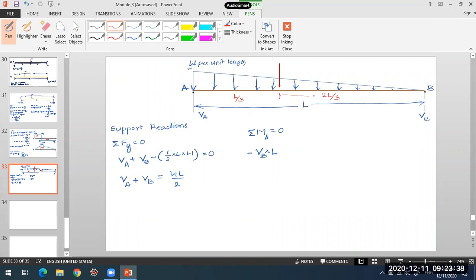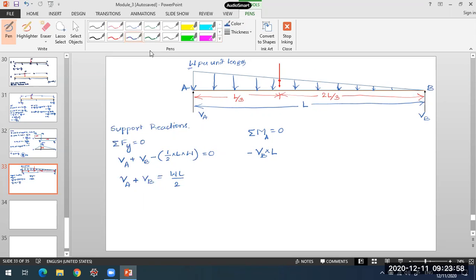This gives us the location where the resultant is applied. It will act exactly at the centroid of this triangle, which is at a distance of L by 3 from A or 2L by 3 from B.